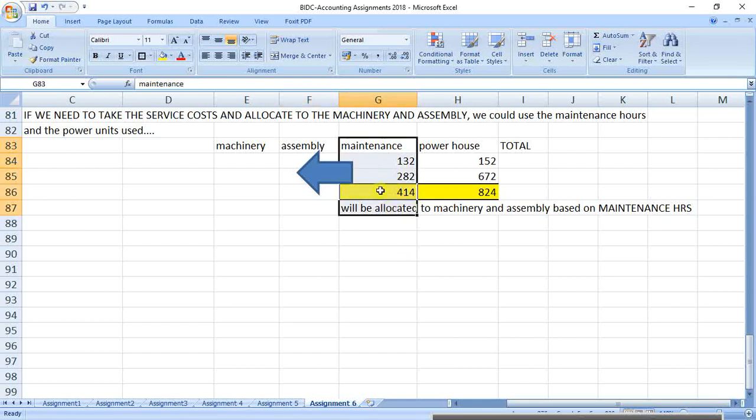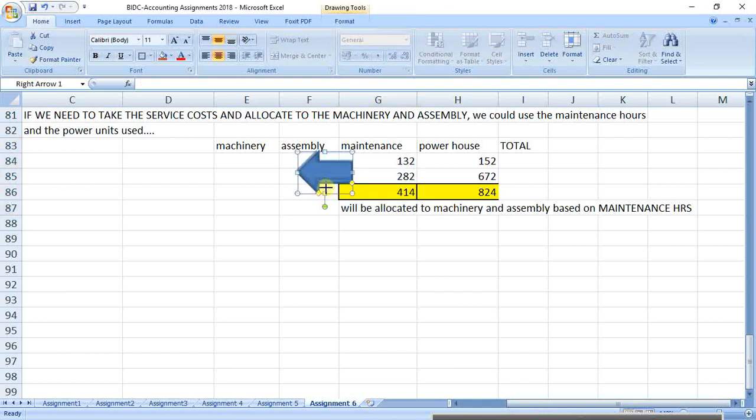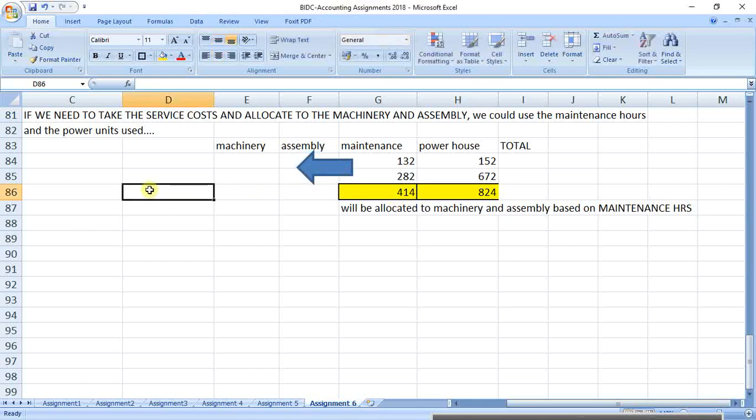So in terms of maintenance, what am I going to be allocating across? 414. What am I going to use to do it? Maintenance hours. Let's show the working at the bottom. How many maintenance hours does the machinery use?